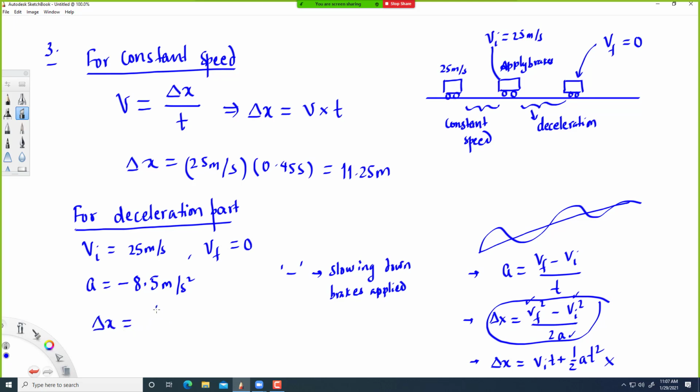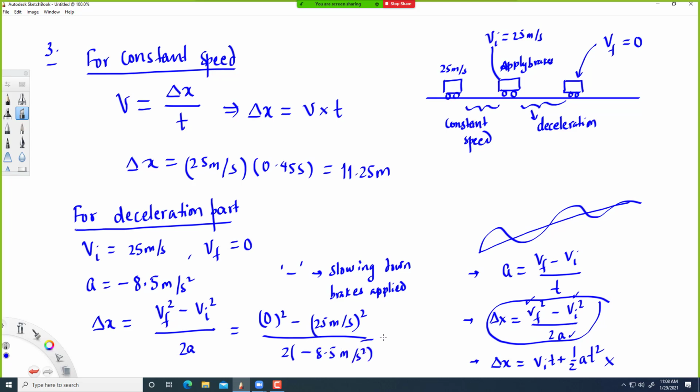Delta x is VF squared minus VI squared over 2A. V final is 0 squared. V initial squared, 25 meters per second squared, over 2 times A is negative 8.5 meters per second squared.